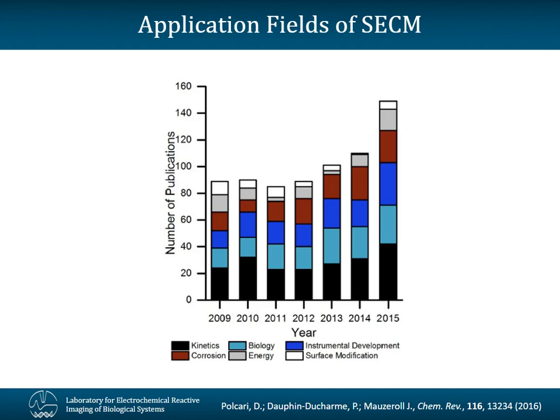It's really ongoing. The corrosion field has been using SECM. Now, progressively, more and more, the energy field as well, and all manufacturing type of surface modification can also benefit from SECM in terms of identifying porosity or defects in surface coatings.